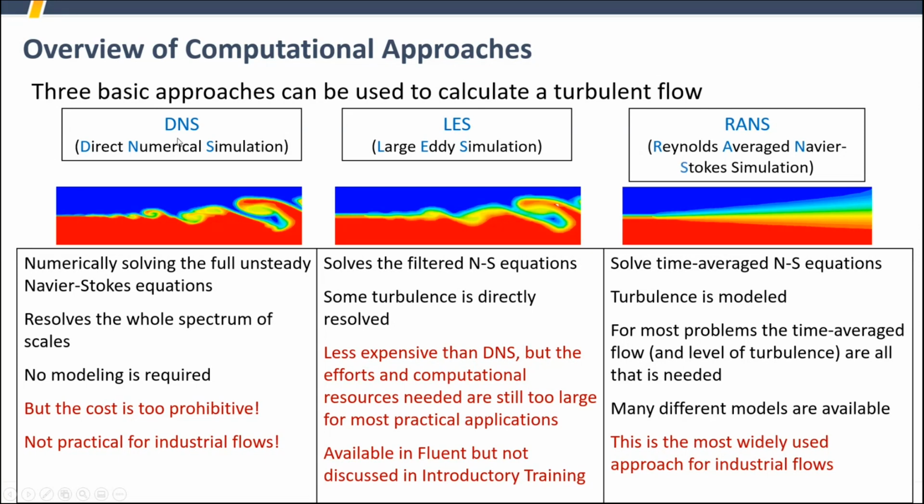Now, DNS is actually just solving our Navier-Stokes equations. It's not a model. So we solve our Navier-Stokes equations directly with really, really small mesh sizes and also a higher order spatial discretization, so that's really important as well.